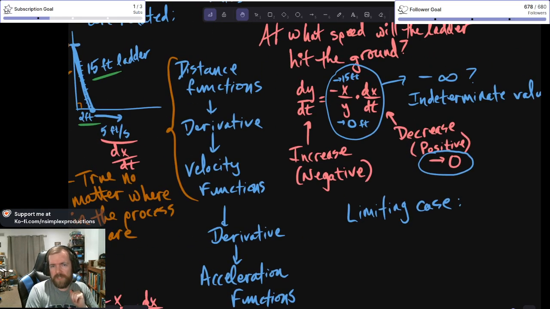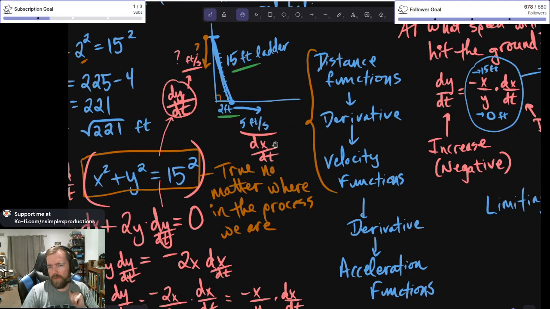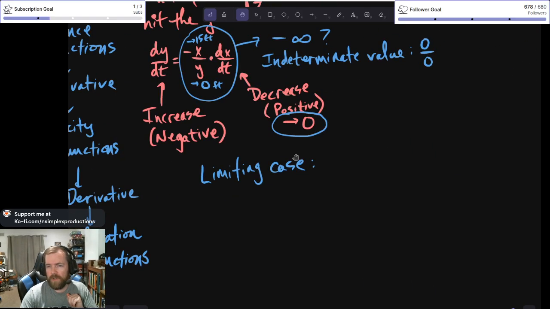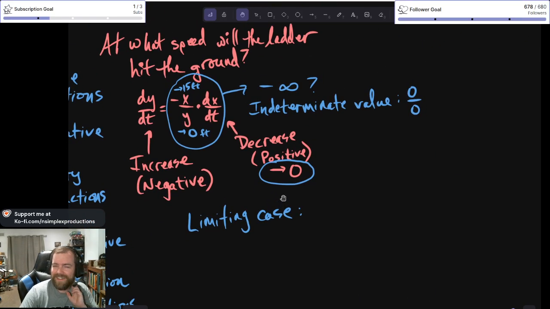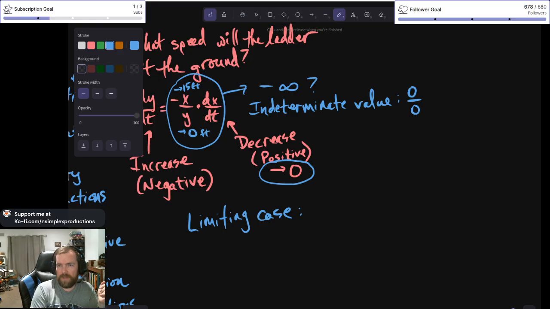Now, it is also possible that I just lied when I started doing this thing, but it's okay, because I made up the original value, right? That it was going to be 5 meters per second, or 5 feet per second, going outward at the initial 2-foot distance.